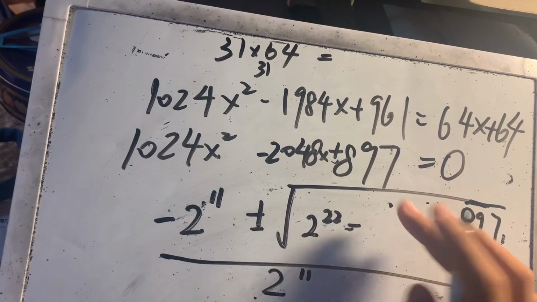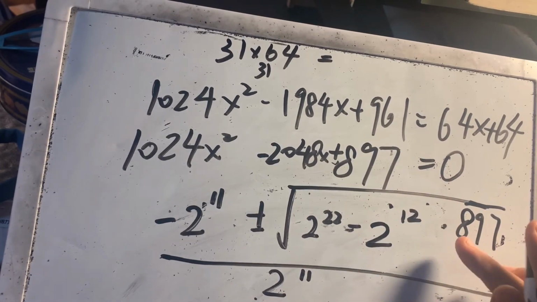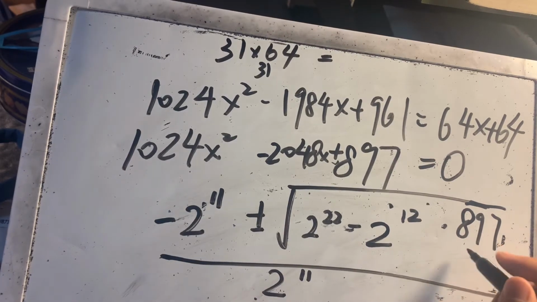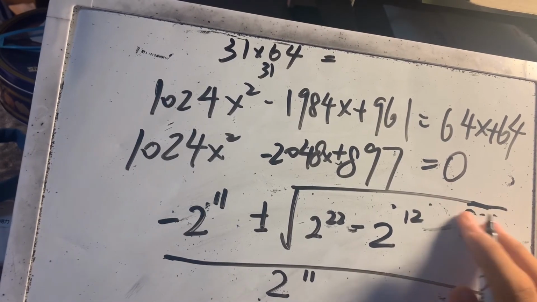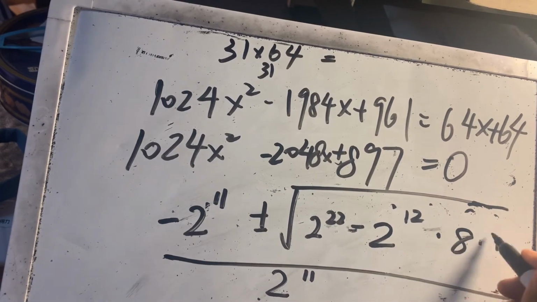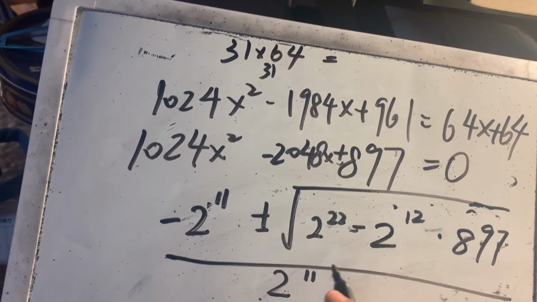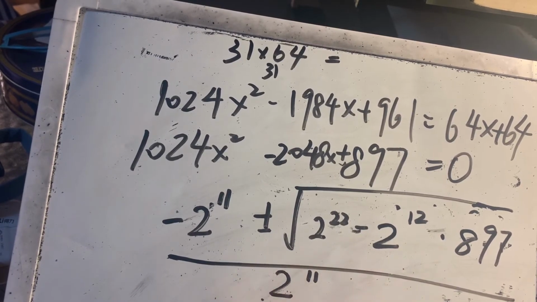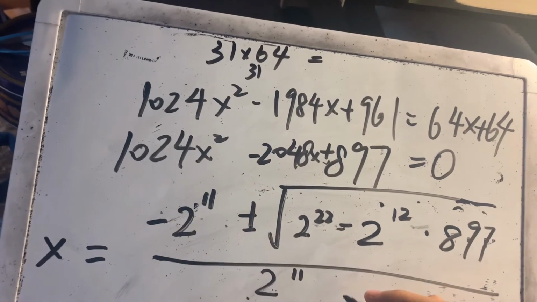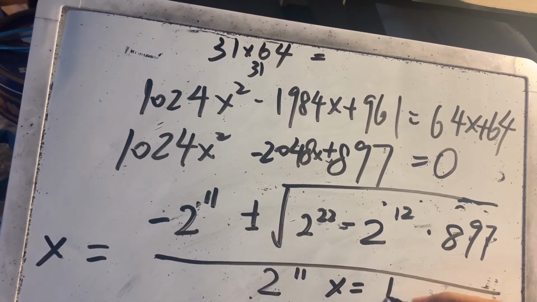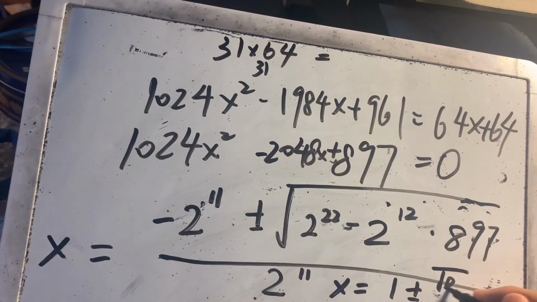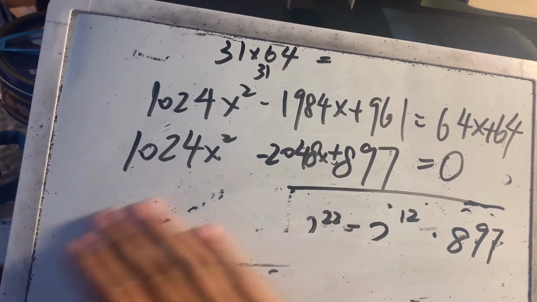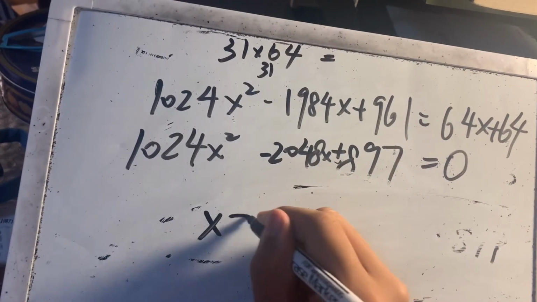And we simplify it, and it will be equal to this. Here it will be equal to this, right? Yes. Using a calculator, we can know that it will go to this. One plus or minus root 127 divided by 32.